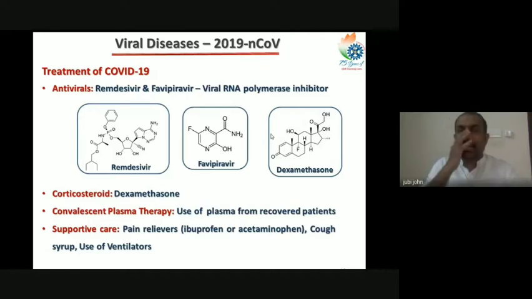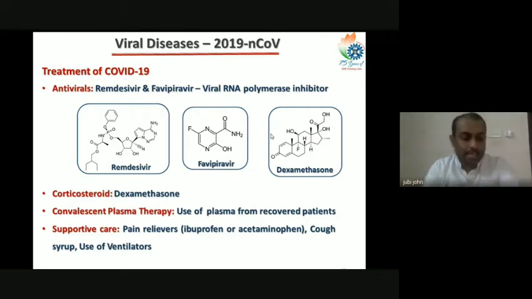The thing is that whenever we have a viral infection, just like if you consider chickenpox, your body will detect chickenpox and create antibodies, and these antibodies will be there for your life. So when a person recovers from COVID-19, the person will have antibodies against COVID-19.